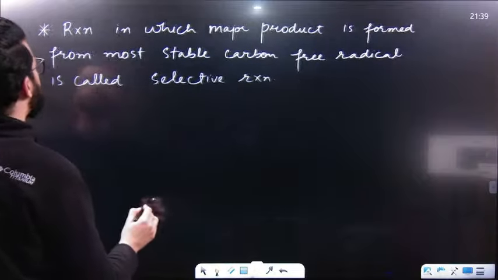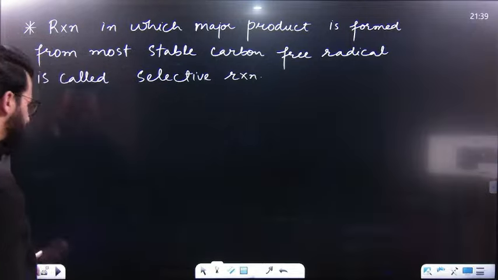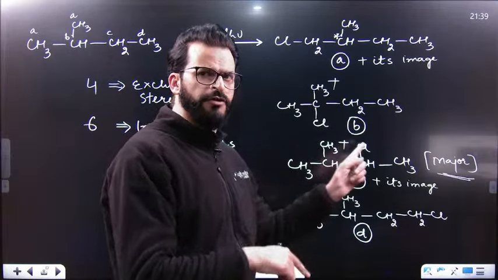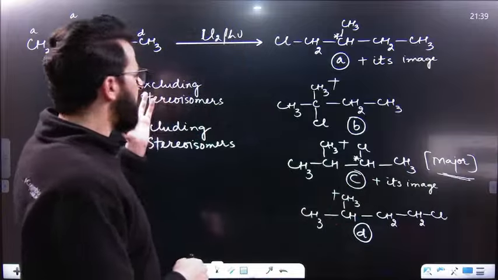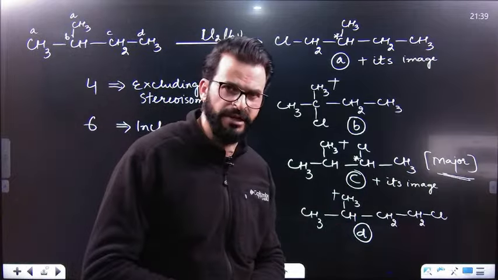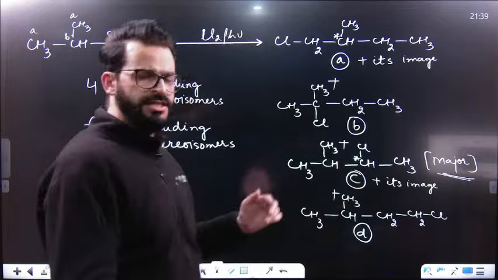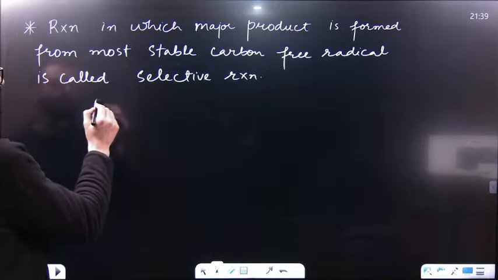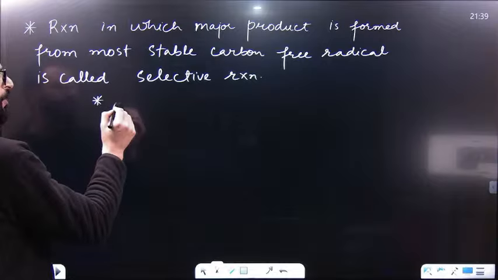But let me know, can I say during chlorination major product can be obtained from that radical which is not the most stable radical like this? Hence, this is not a selective reaction. Hence, we can simply remember this very, very important point.